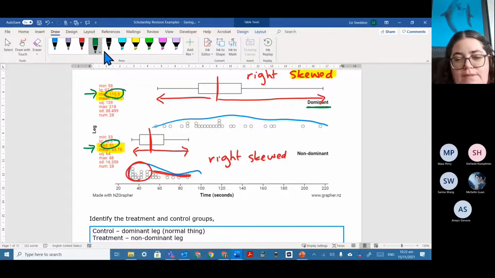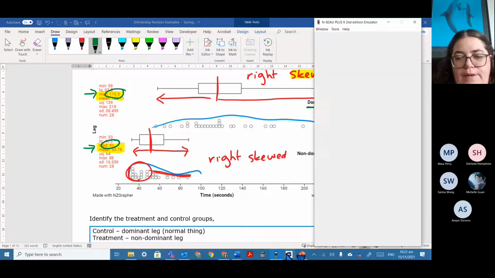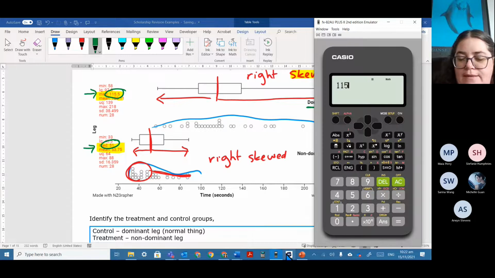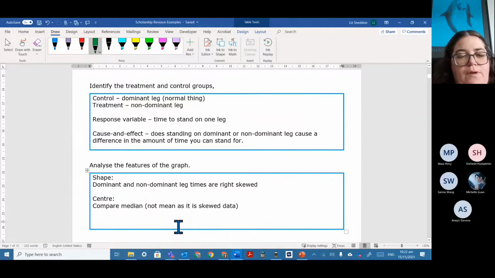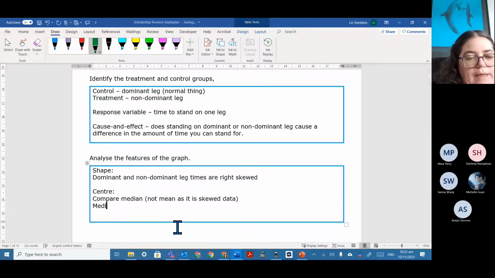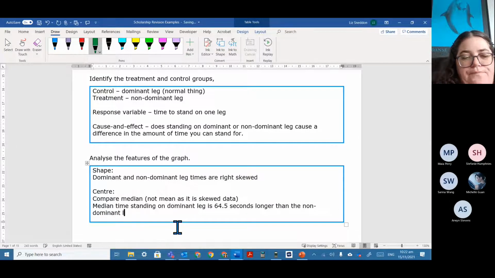So that is going to be, grab my trusty calculator, 64.5 seconds. So that's all I want to say, is that the median time standing on dominant leg is 64.5 seconds longer than the non-dominant leg.